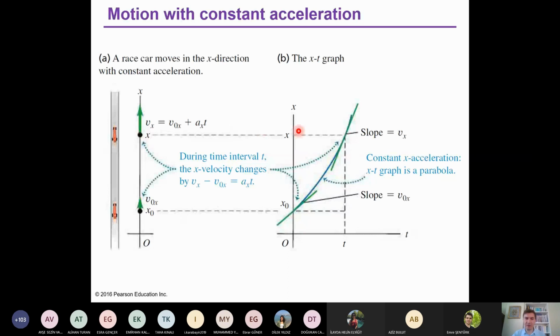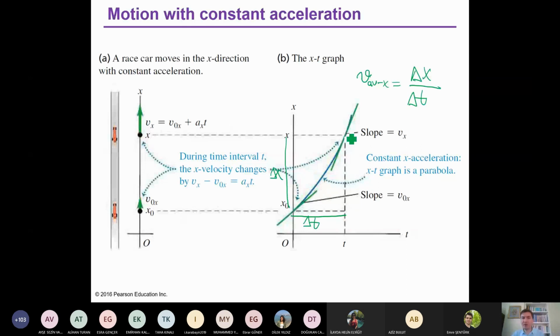Let me remind you the formula here again. Average x velocity is equal to delta x over delta t. This is the delta x, right? This is the delta t. So the slope of this one will give us this average x velocity.